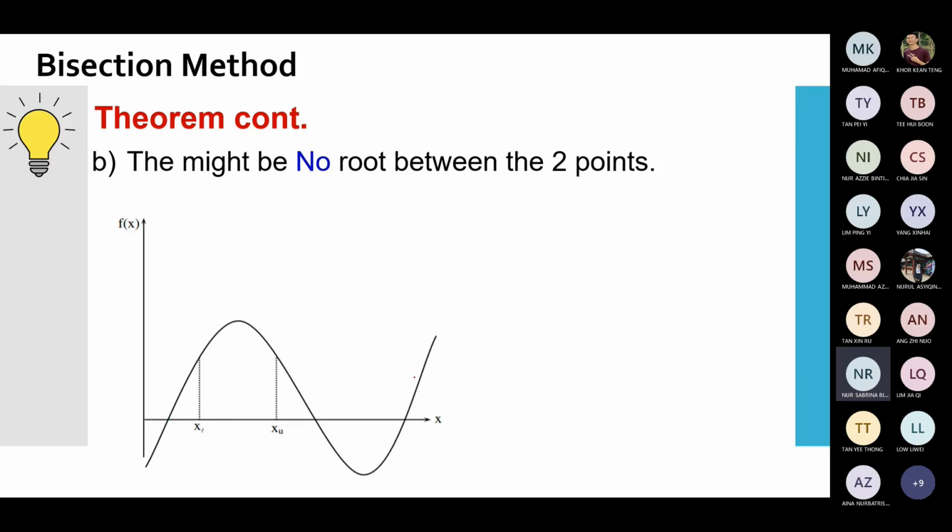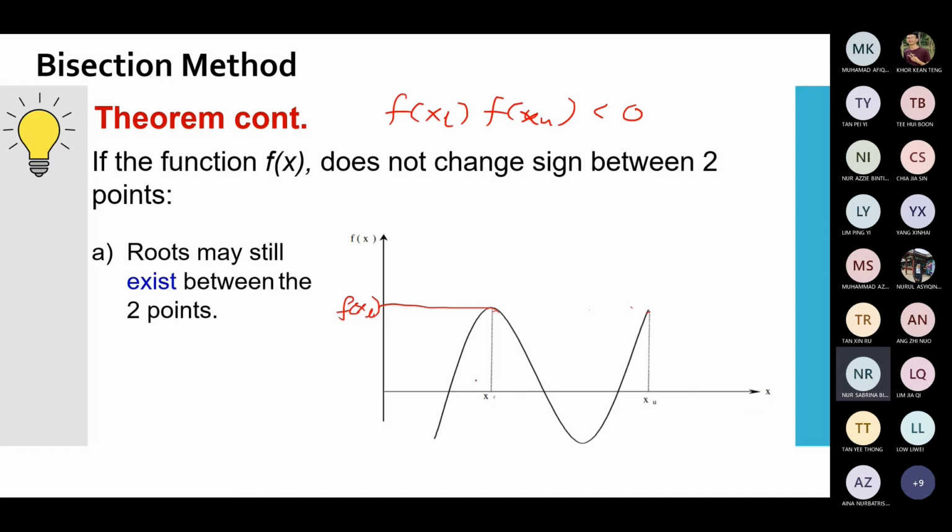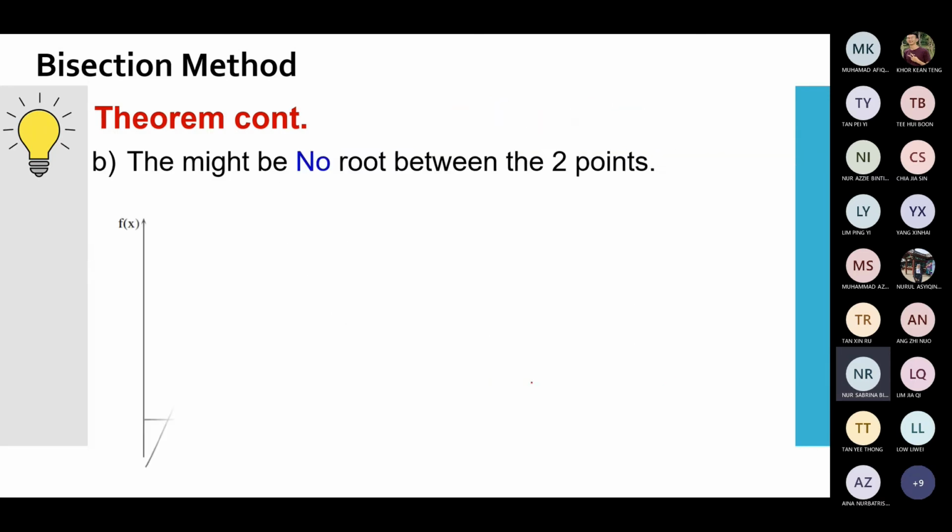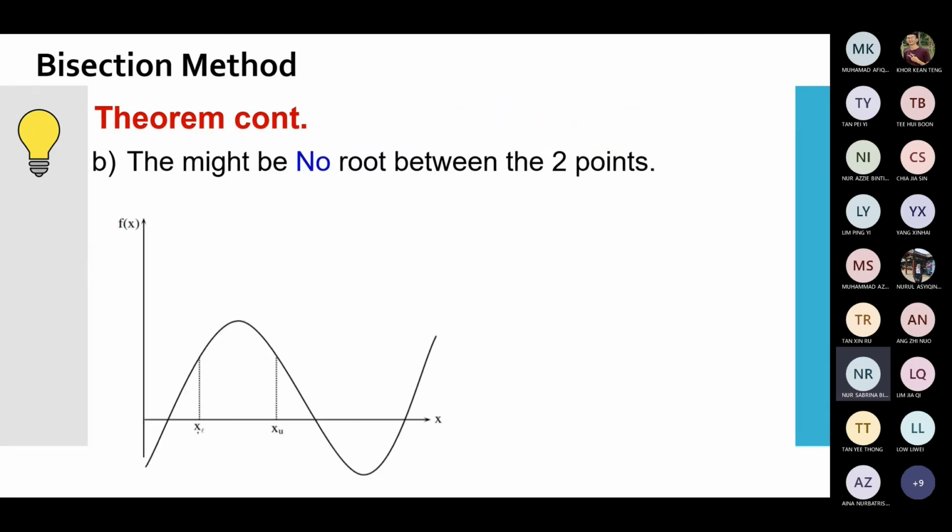For this case, the graph cuts through here all the way down and then goes up again, but the points you choose are at some distance. The second is still positive. Sometimes when you choose the points, they may lie in the same region.